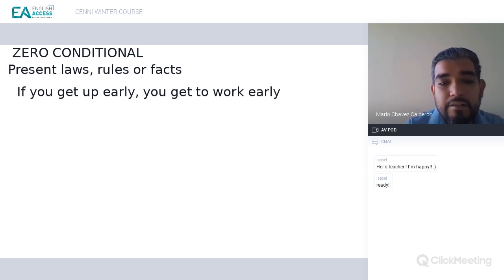Because you have more time to do your stuff. So we have two clauses. The first clause is with if, and it's divided by a comma. Then we have the second clause: you get to work early.